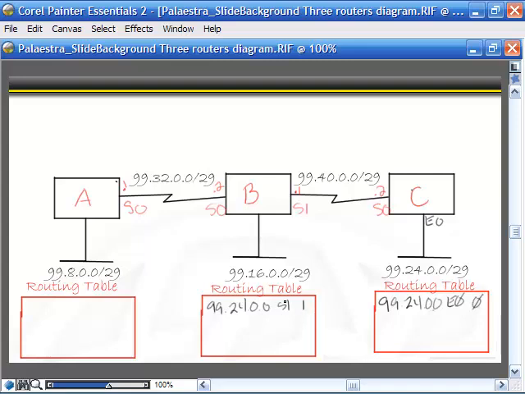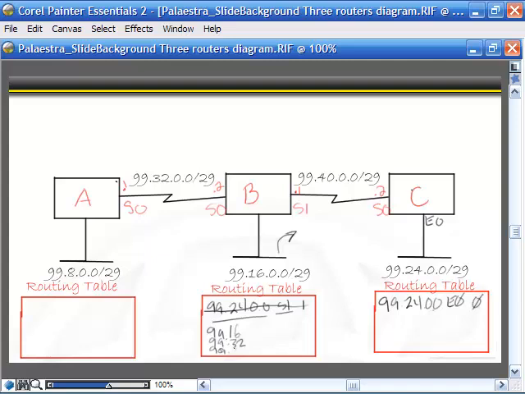So B found out about network 99.24 through the serial 1 interface. So before he sends his routing table out of that interface, he's going to remove this information. So all C will see is 99.16 from router B, 99.32, as well as 99.8 if that's in there.